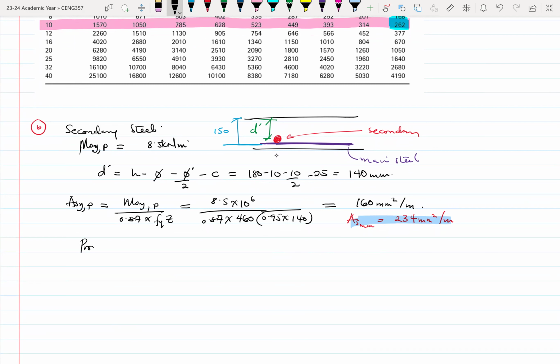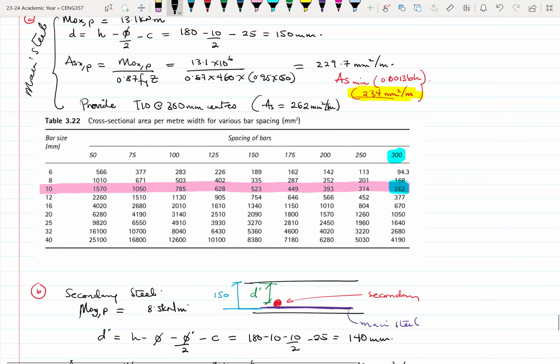So I can say provide T10 again at 300 millimeter centers, where our AS provided will be 262, I believe, millimeter squared per meter. So this will be in the long direction, okay? Whilst the other one will be in the short direction. Let me just add that so that it's easier when reviewing.